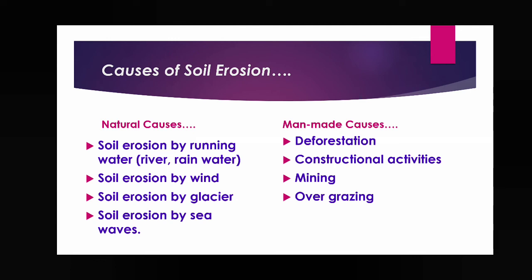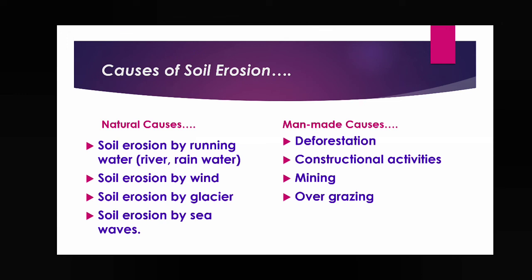Constructional activities, when we are doing constructional activities, what happens? We are digging the land, that means we are helping soil erosion to occur. Mining, by this activity also, when we are digging the land in mining, we are making the soil weak by digging, and that's why soil erosion occurred.